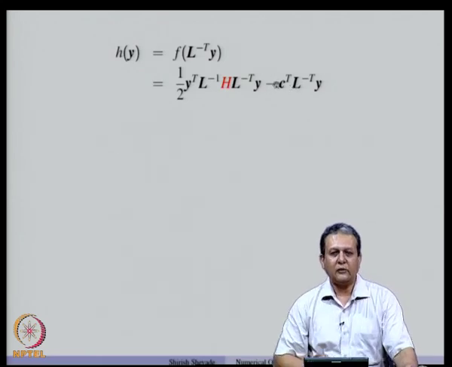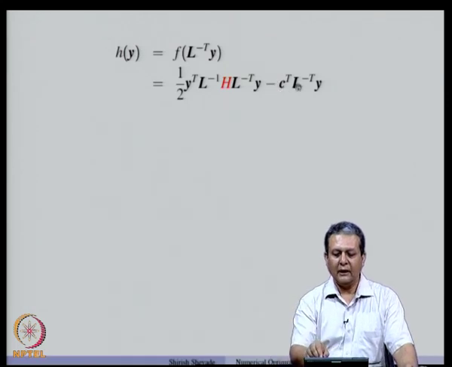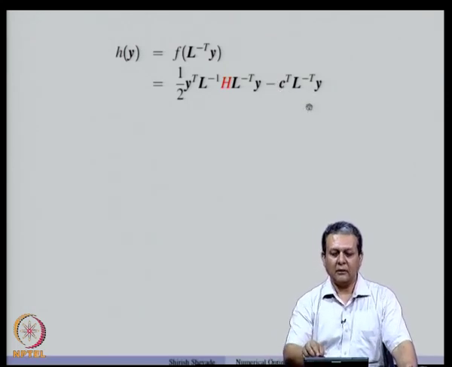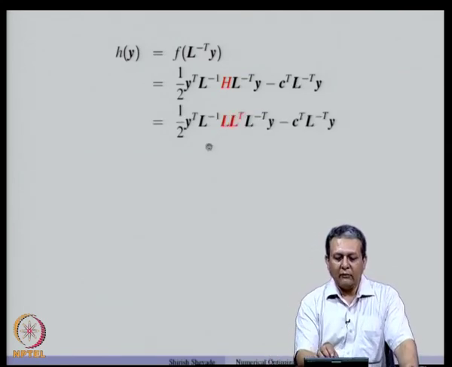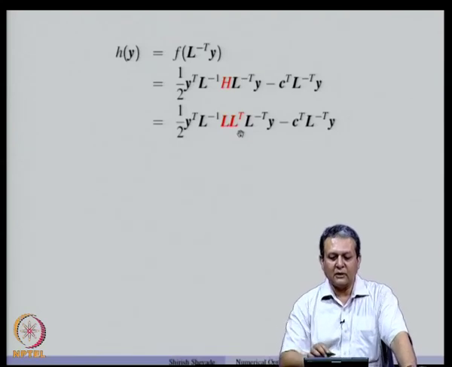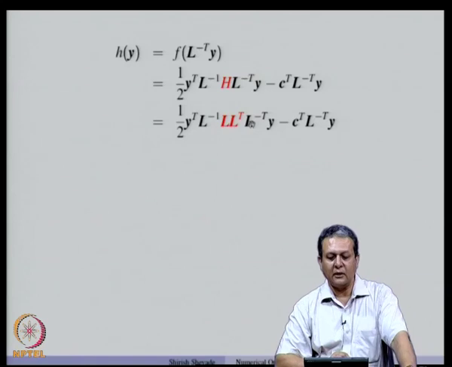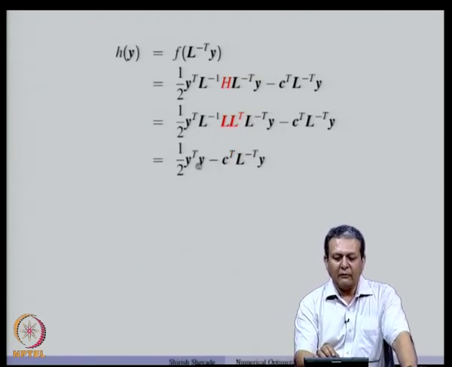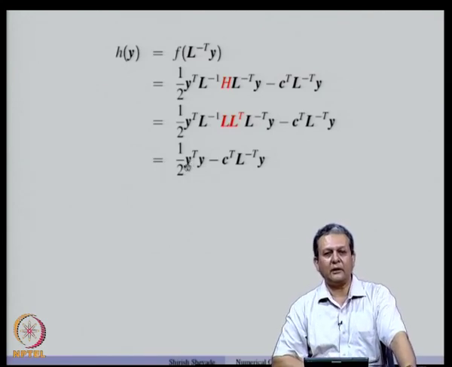Here we have also included the term c transpose x. So, L inverse transpose y will replace x in this expression, and what we have is something very nice: L inverse L will get cancelled, L transpose L transpose inverse will get cancelled, and finally, what we get is a quadratic in y, where the Hessian matrix is the identity matrix.